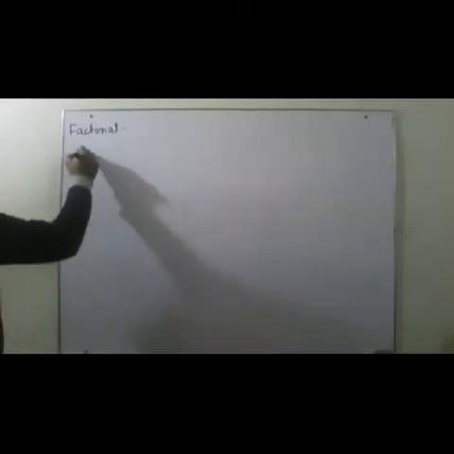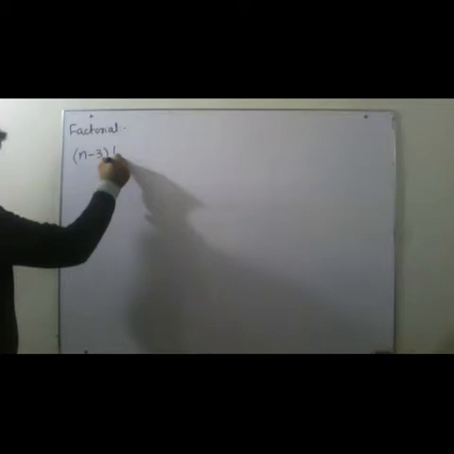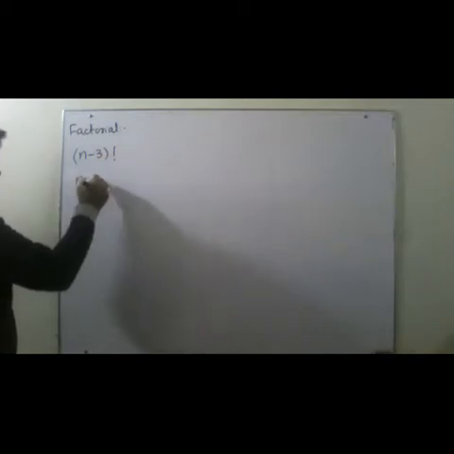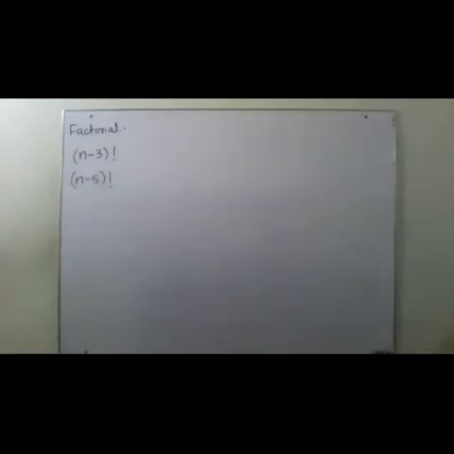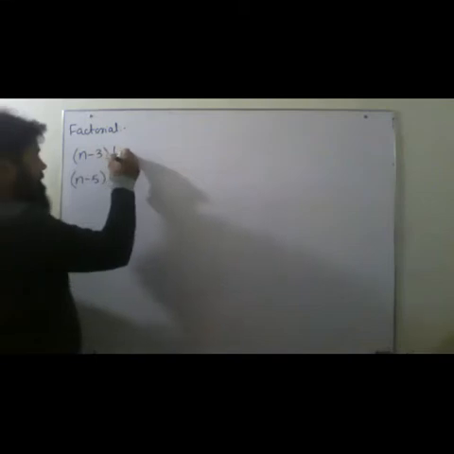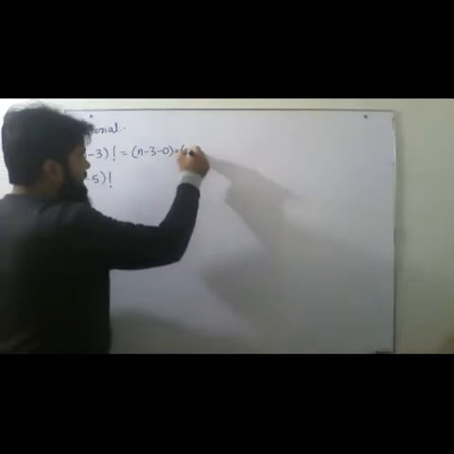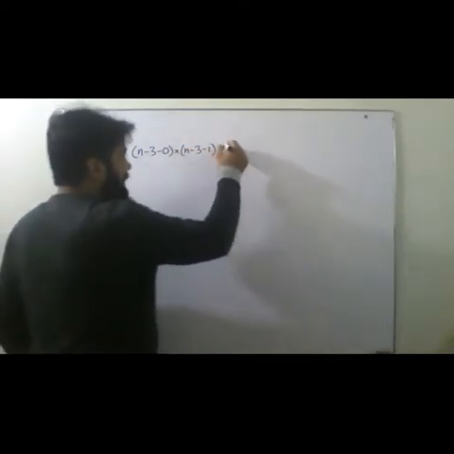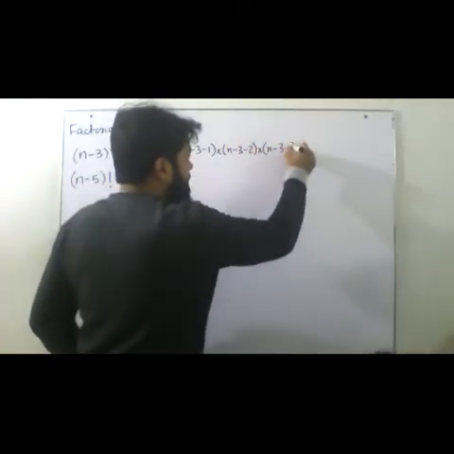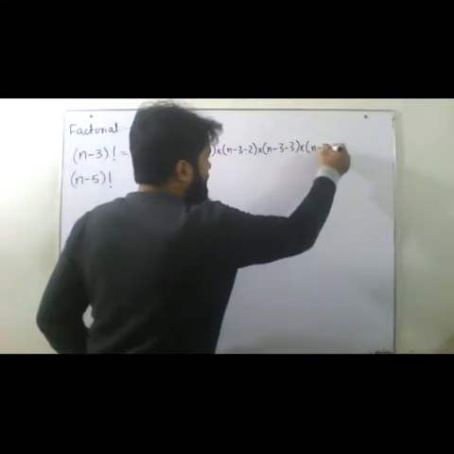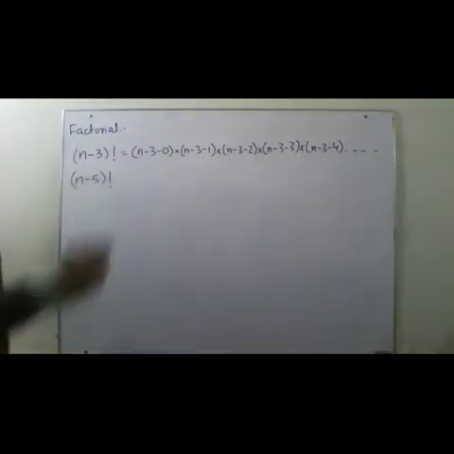Now, for instance, I'm having n minus 3 factorial and n minus 5 factorial. These are the two given to me. Okay. So if I will expand it, n minus 3 minus 0, n minus 3 minus 1, n minus 3 minus 2, n minus 3 minus 3, n minus 3 minus 4, and this will go on till I reach the last one.